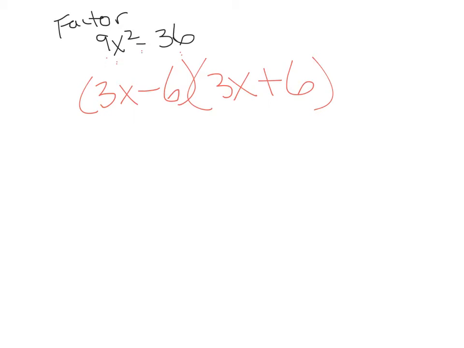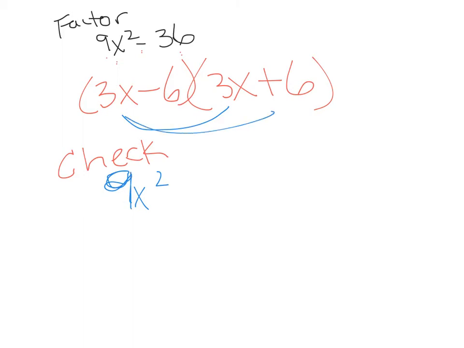Okay? So you guys do need to get in the habit of checking. If you were to multiply it out, when you take 3x times 3x, you obviously get 9x squared. Sorry, my stylus is being a little wonky today. 3x times the 6 is going to give you an 18x.